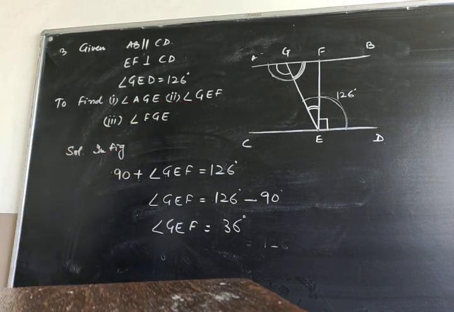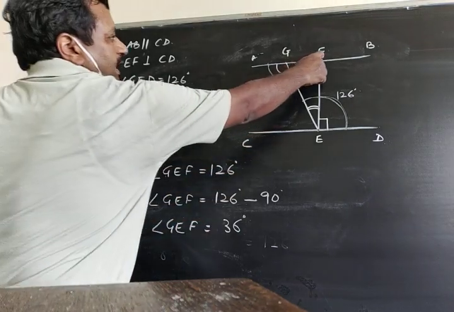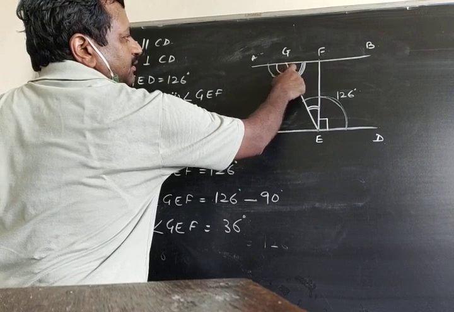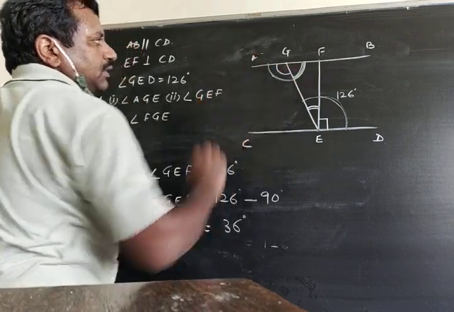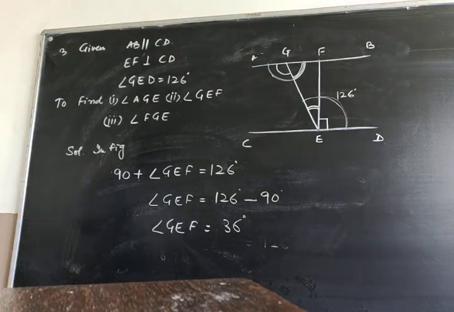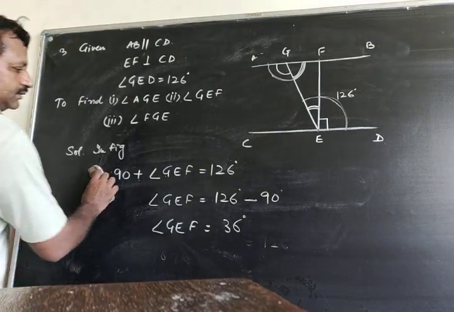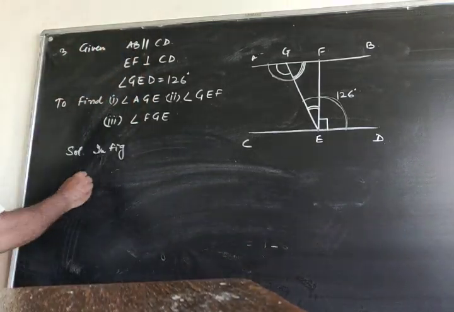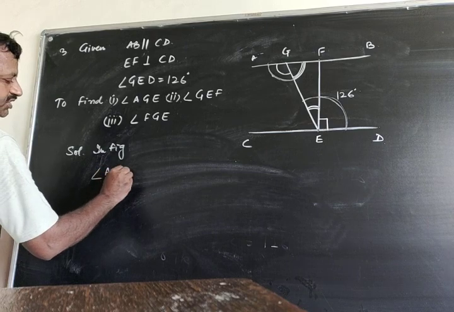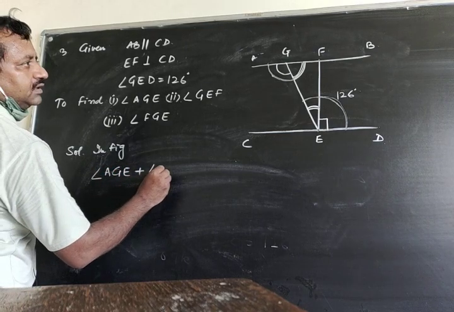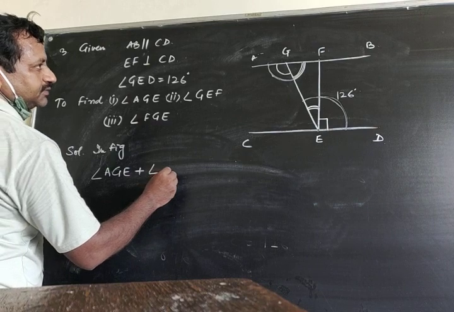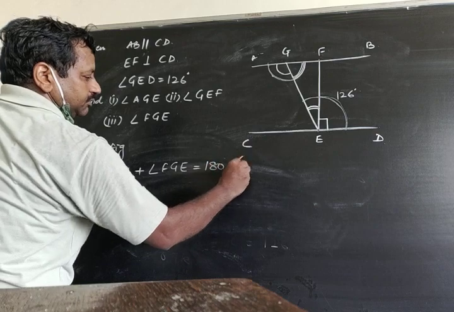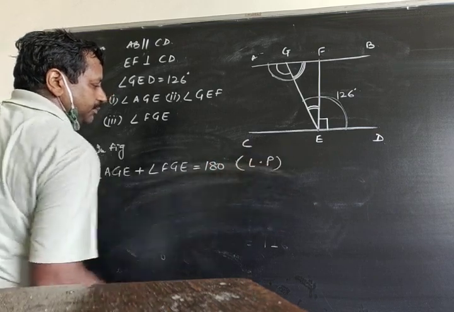Now the third part, FGE, this angle. We can find this angle by taking the linear pair. So in the figure again we will write: angle AGE plus angle FGE equals 180 degrees because of linear pair.